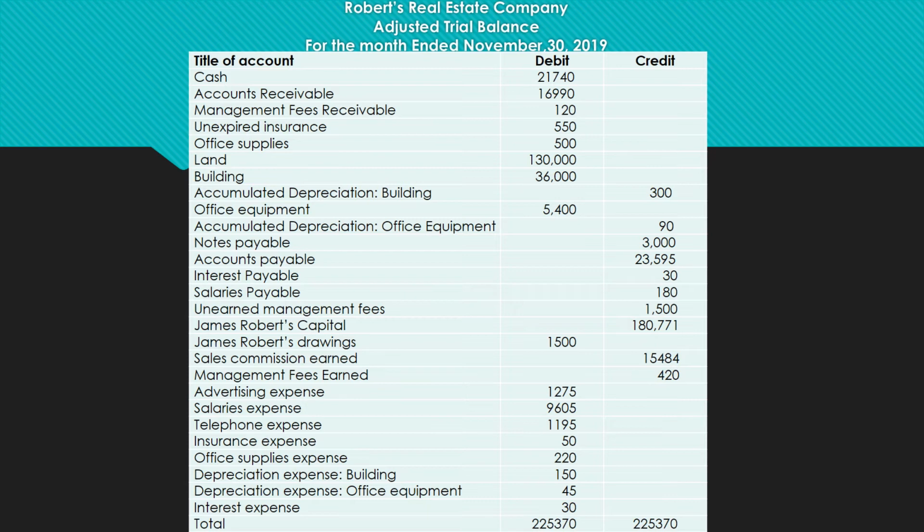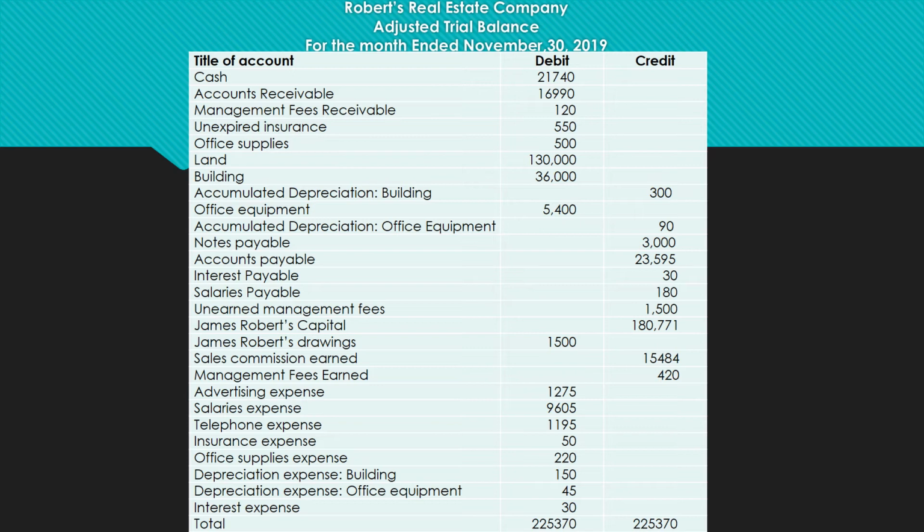Then land, there were no adjustments related to land, so land will remain the same, 130,000. Similarly, building, we show the same cost of building, 36,000, as we showed in the trial balance before adjustments. Now accumulated depreciation in the trial balance before adjustments was 150.